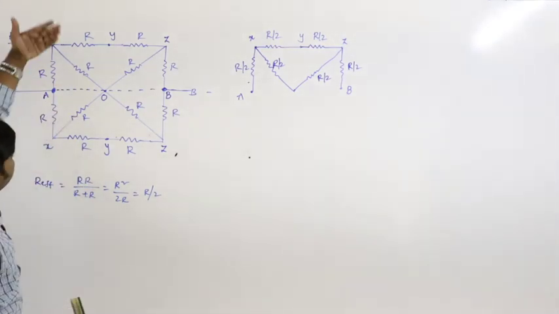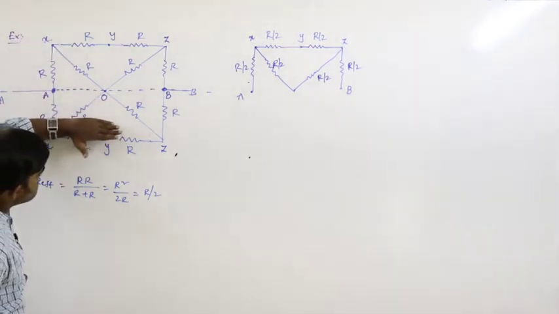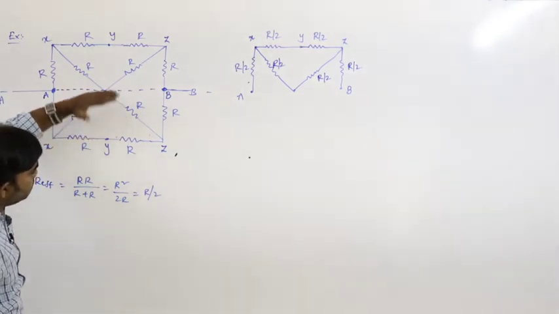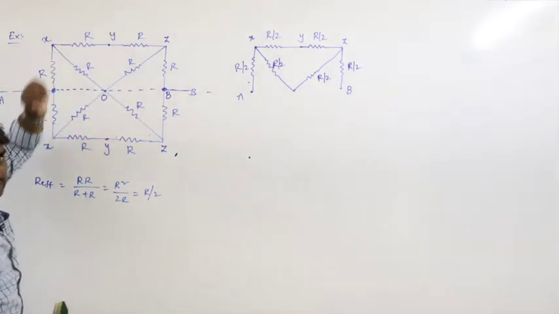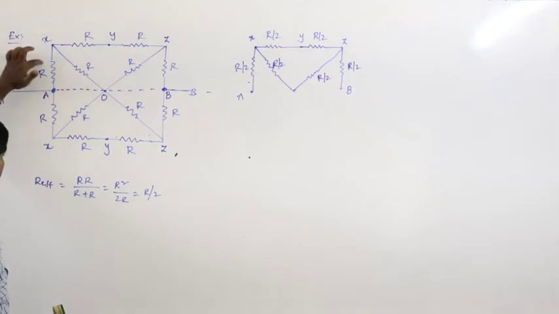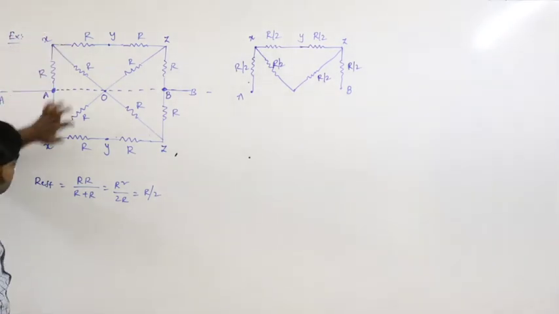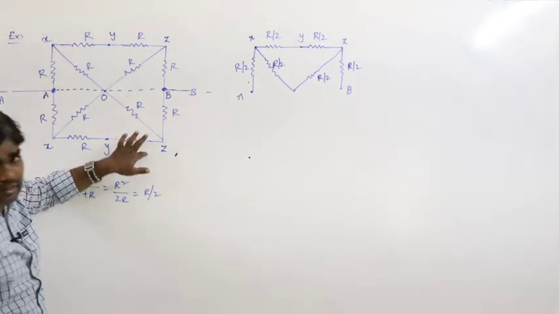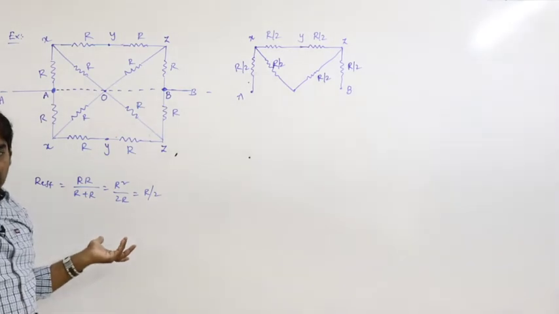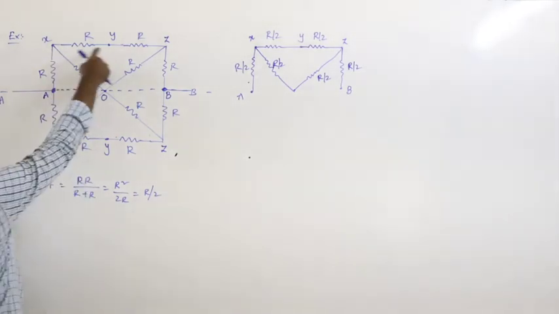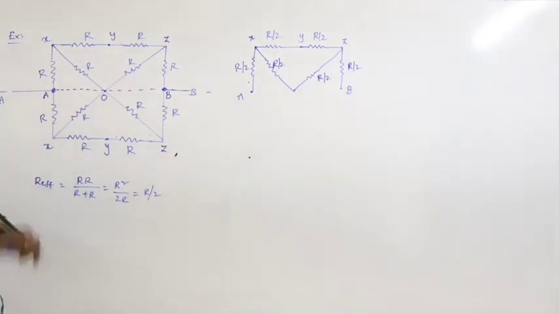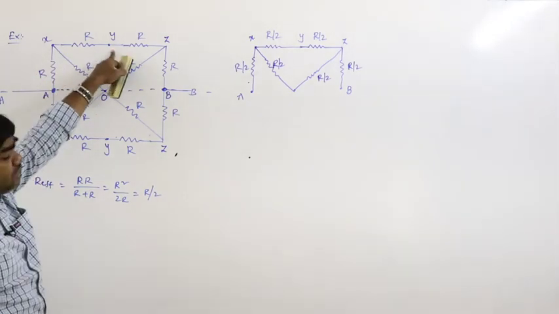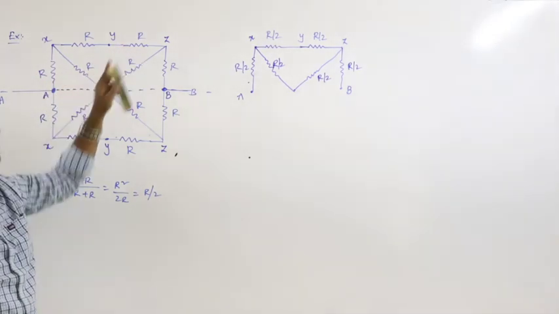So this must be folded like that. This total circuit below the symmetry line is folded like that. So if it is folded, R and R in parallel, this R and R in parallel, R and R in parallel, like that. So without doing that, I am just considering some potential points across each and every resistance. We are considering certain potentials.